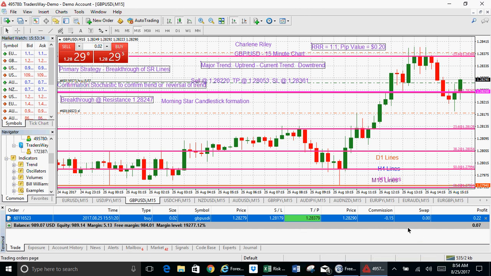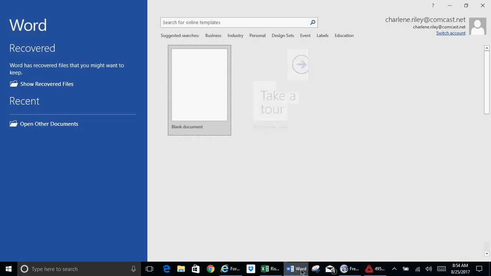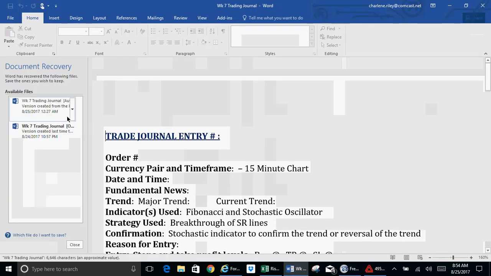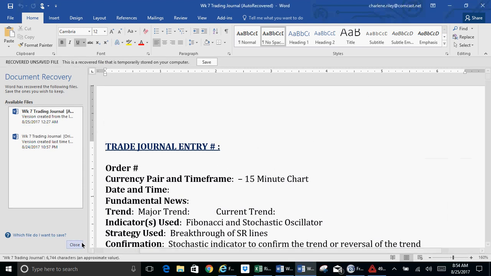And so that is my trade setup for this particular trade. I'm going to print the screen, do a screen print, and add that to my trade journal.